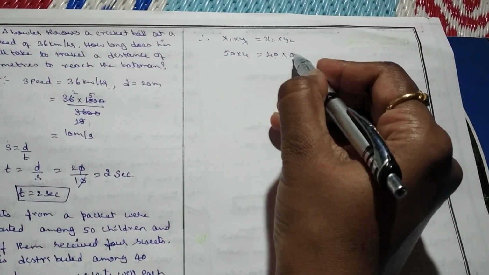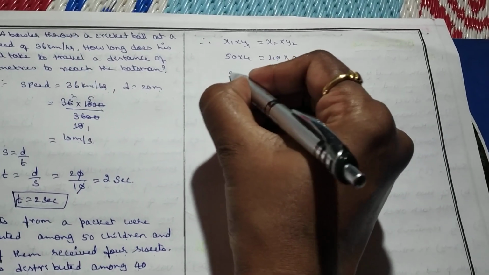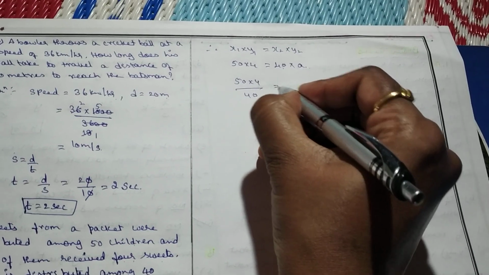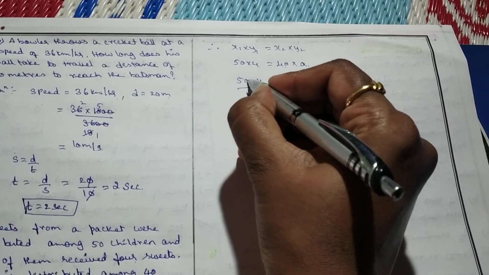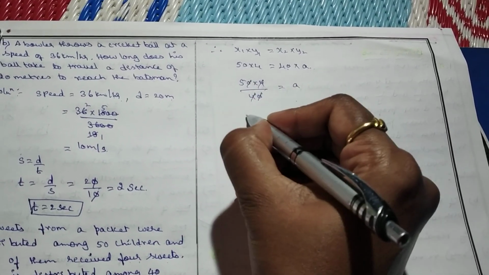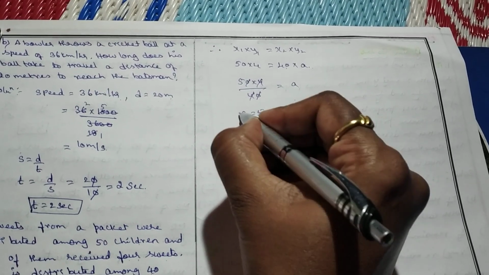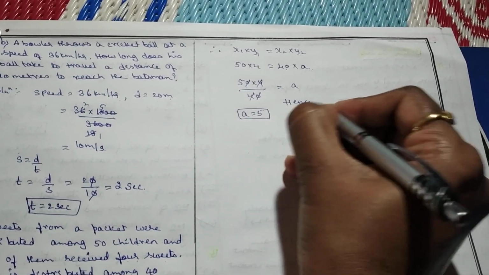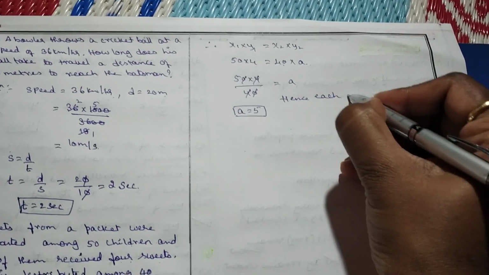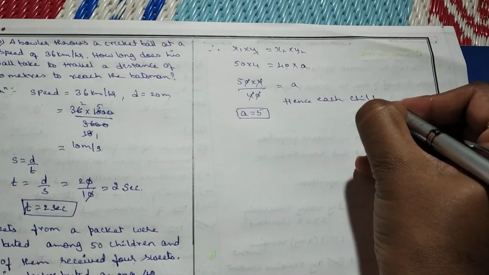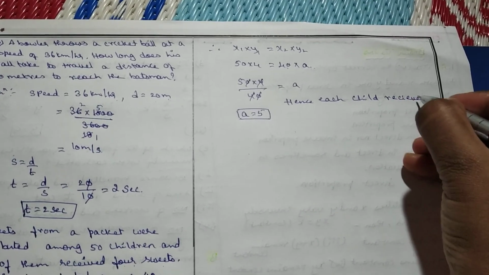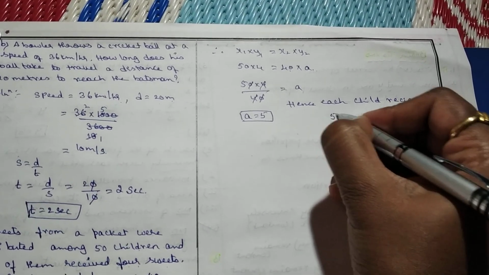Then 40 and a are under multiplication, so it changes to division, equal to a. Then the zeros cancel, 4 and 4 cancel, then the value of a equals 5. Hence each child receives 5 sweets.